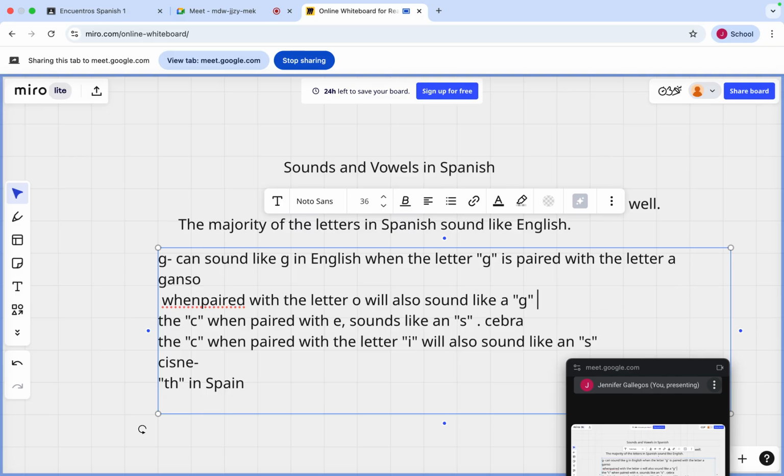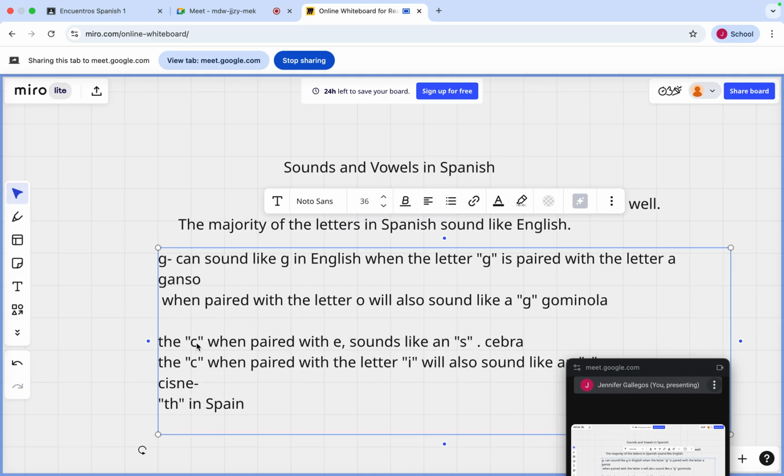Let's look at an example. Okay, so when the G is paired with an O, gominola. Okay? So that'll be the next thing that you would have to remember.